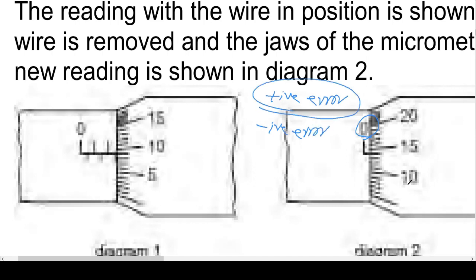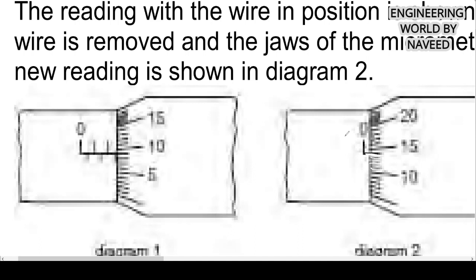So how much positive error? This is 10 and this is 15. So this is 10, this will be 11, 12, 13, 14, and this is 15. So this is 14.